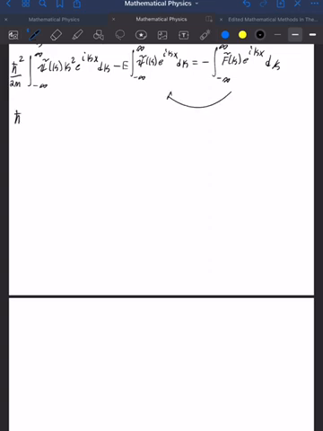So we get h bar squared, and I'm going to take this k squared here and move it in front of the integral just because it looks nicer.